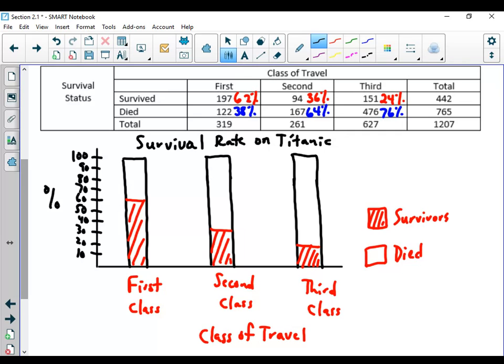And so that'd be a segmented bar chart. And that's really the only way that we're going to be able to display multiple categorical data.